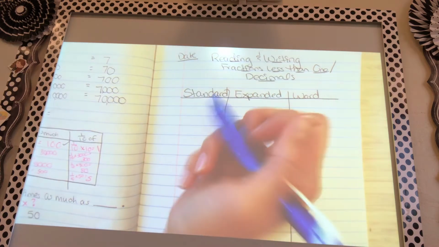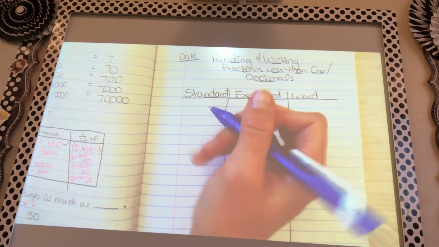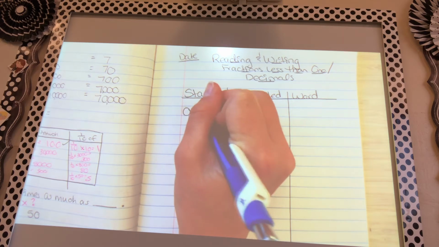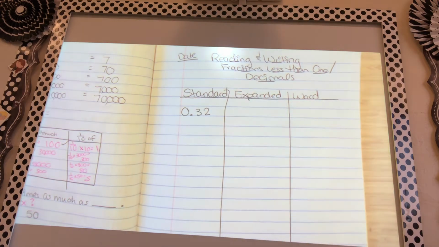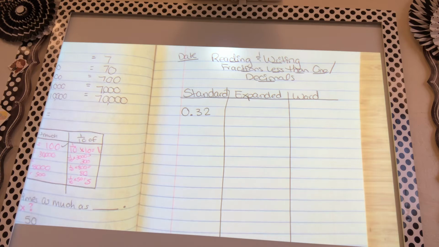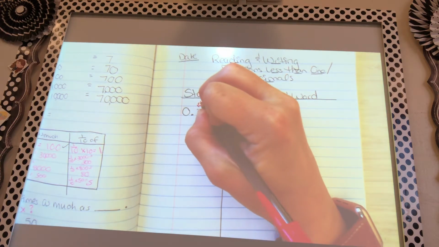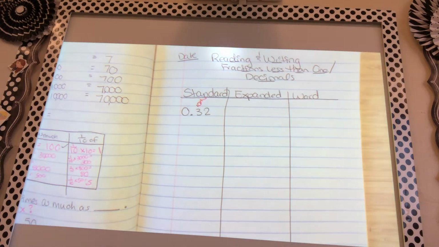So when I look at standard form, I might have a number like this. And I really need to know my place value in order to write an expanded and word form. So I know that this 3-digit is in the tenths place value, with the TH at the end, the tenths, not the tens, the tenths.